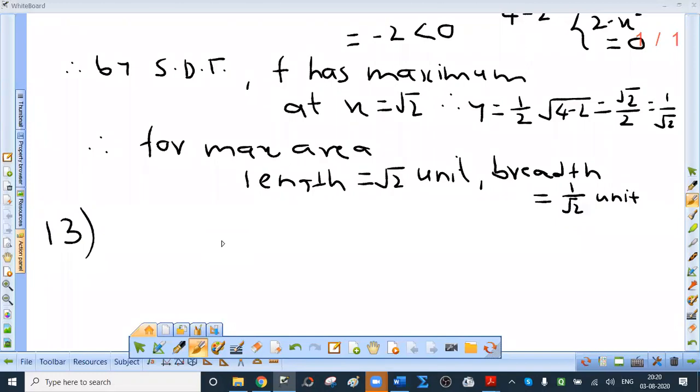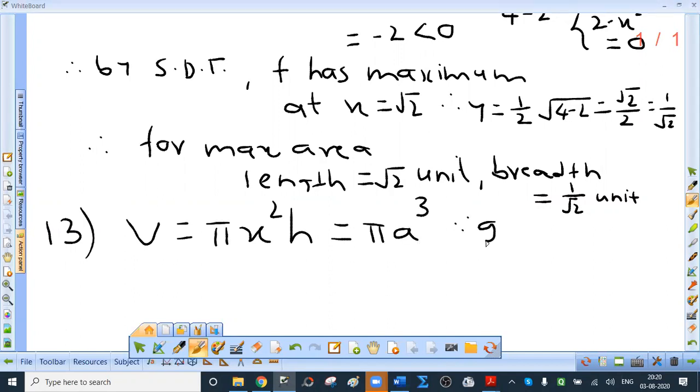Then its volume is V equal to, yes, what is the formula? Its volume is V equal to pi x square h. I will write V equal to pi x square h equal to, I will directly write pi a cube, given. Read the problem. Given.